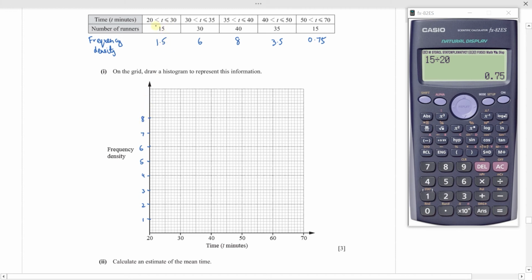So between 20 and 30, your frequency density is 1.5. So 1.5 will be, this is 1, 1.2, 1.4, 1.5 will be here in the middle. So let me draw a straight line here up till 30.